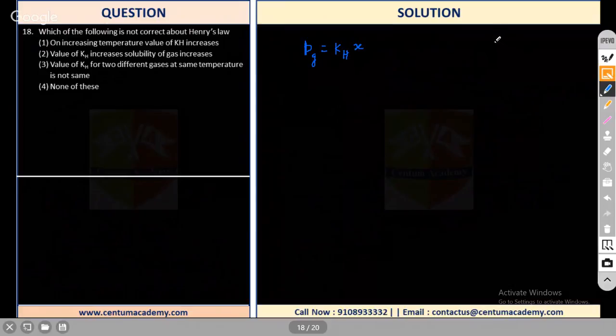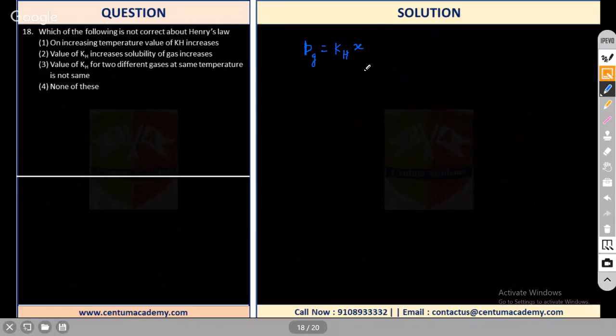Since the surface water has a comparatively high temperature, the dissolved oxygen contained at the surface is comparatively lesser. So the dissolved oxygen at the surface of the sea is lesser than the dissolved oxygen in the deeper water or at the bottom of the sea, correct?